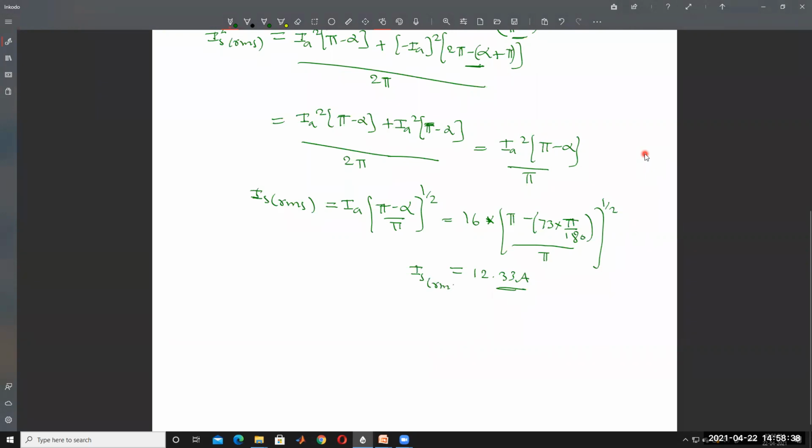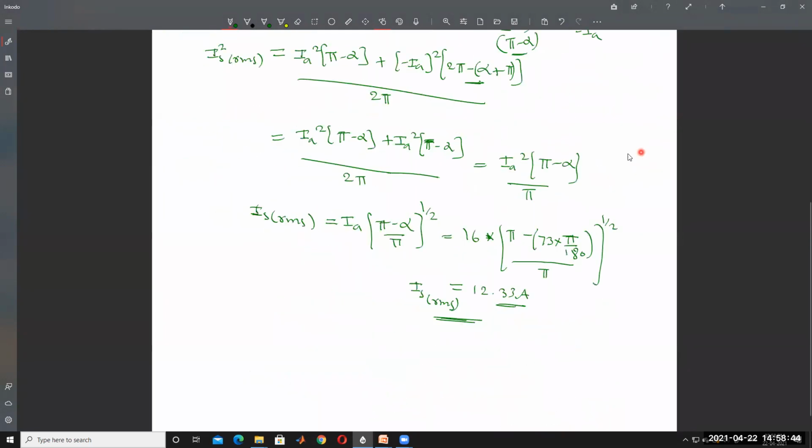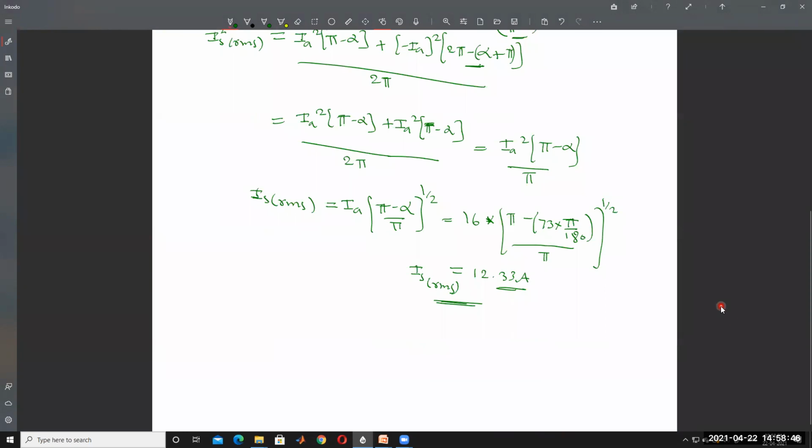IS RMS is required to calculate the power factor. The power factor formula: cos phi is equal to VA into IA divided by VRMS into IS RMS.